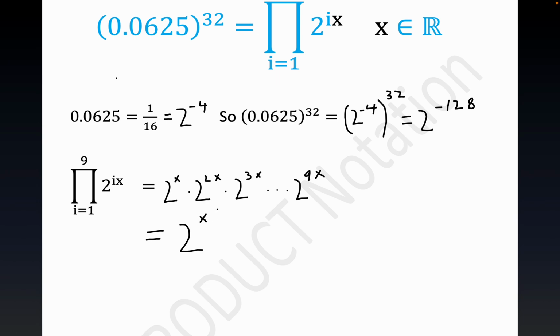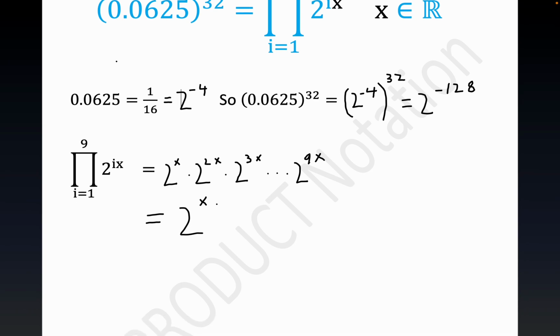Now that's going to be the sum. Okay, you're going to have x times 1 plus 2, plus 3, plus 9 all the way out.